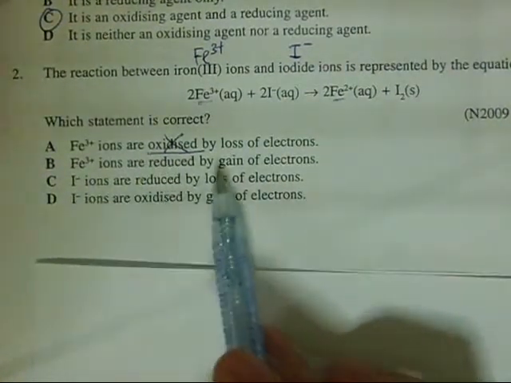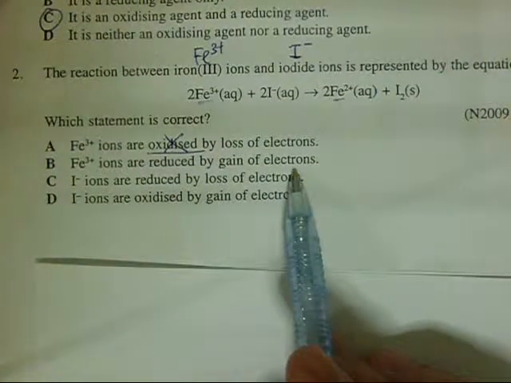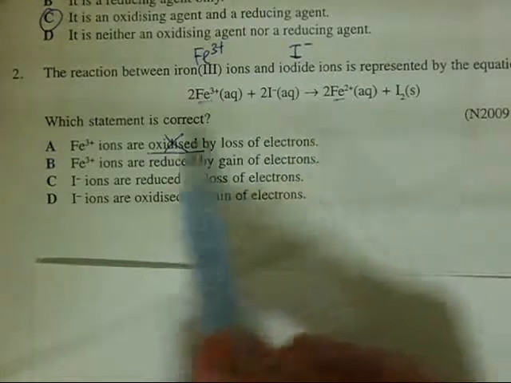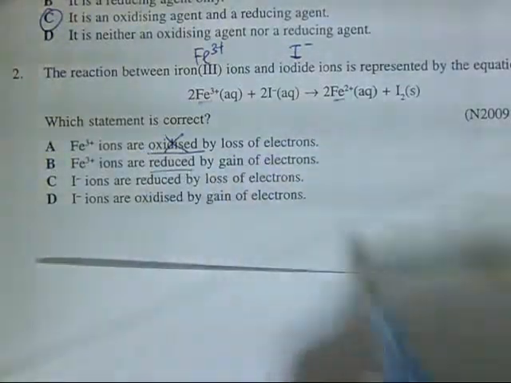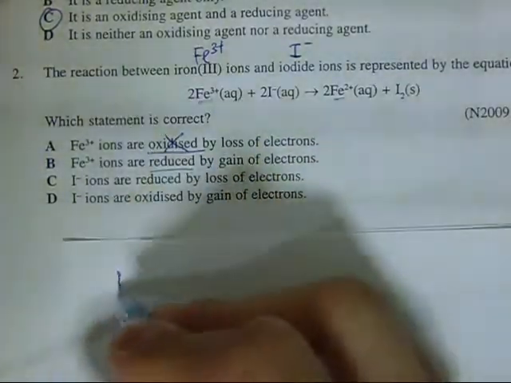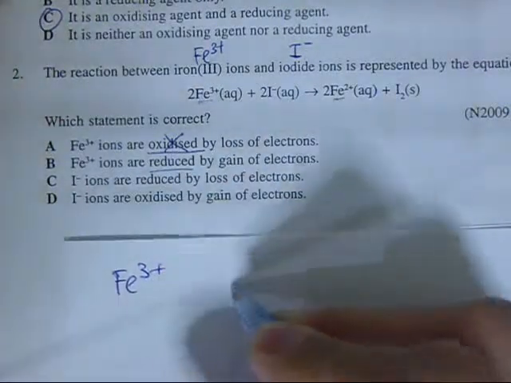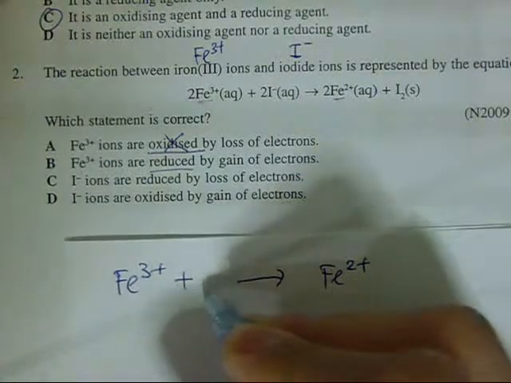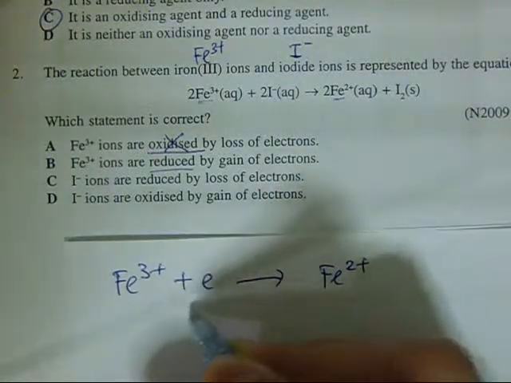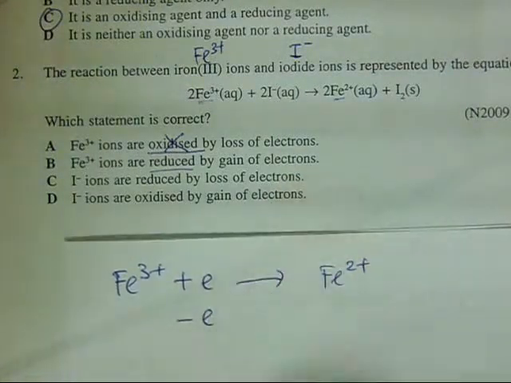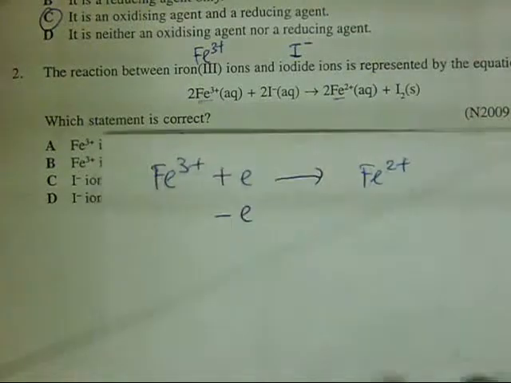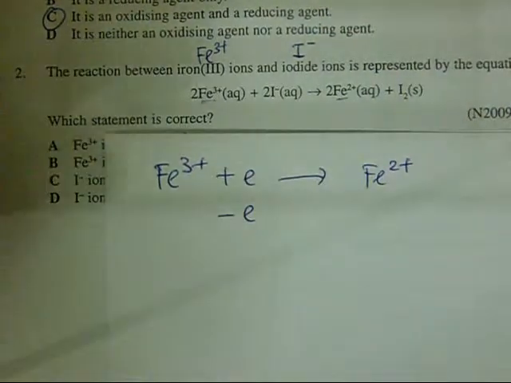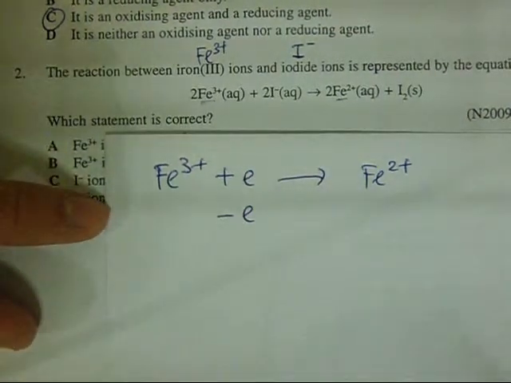Fe3+ ions are reduced by gain of electrons. Reduced is correct. So is it by gain of electrons? That means from Fe3+ to Fe2+, do I gain or lose electron? Now in order to find out whether you gain or lose electron, you can assume a certain number of protons.